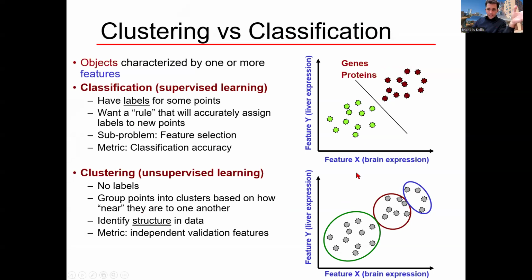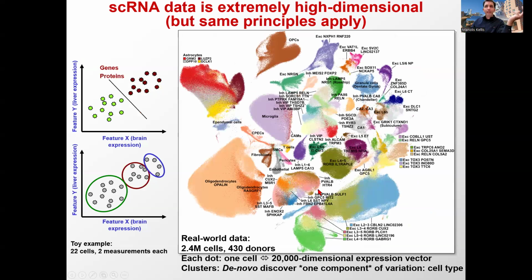I'm showing you this like that, but in fact, it's more like this. Right now, we have two dimensions, like measurement in brain, measurement in liver. That's a toy example. There are 22 cells here and 2 measurements each. In practice, this is what real world data looks like: 2.4 million cells across 430 donors, every one of which has a 20,000 dimensional vector.